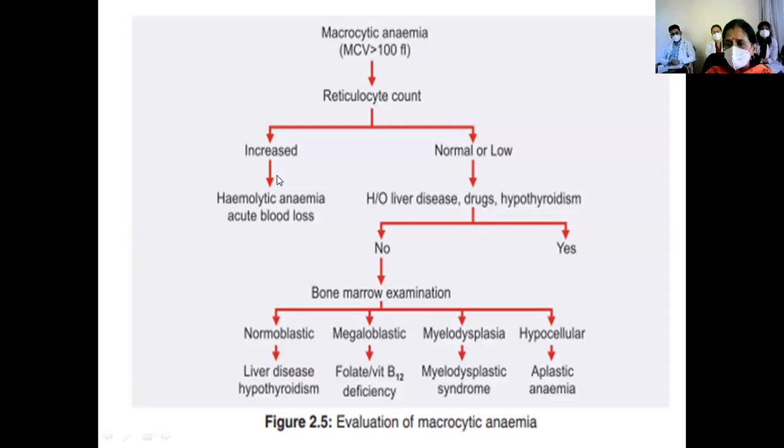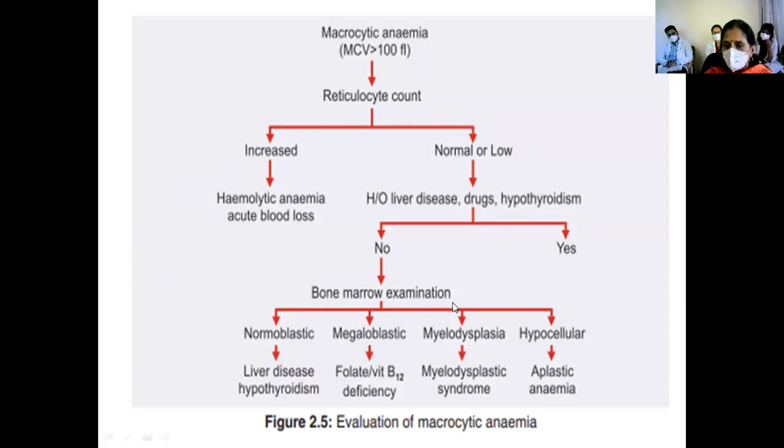If it is increased, let us think whether there is associated hemolytic anemia, blood loss and all that. If it is normal or low, we go for bone marrow examination. That's only the hematological perspective. Otherwise, you get a B12 assay and folic acid done, and you will know the specific cause.